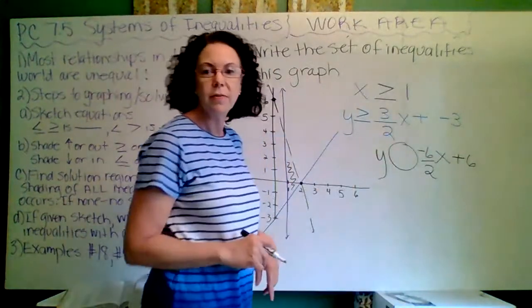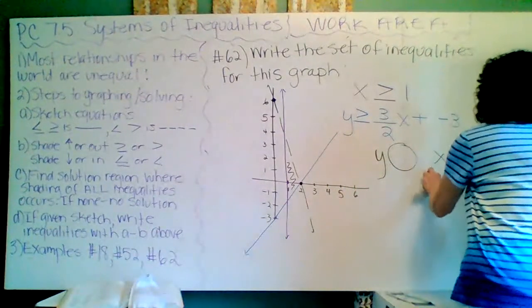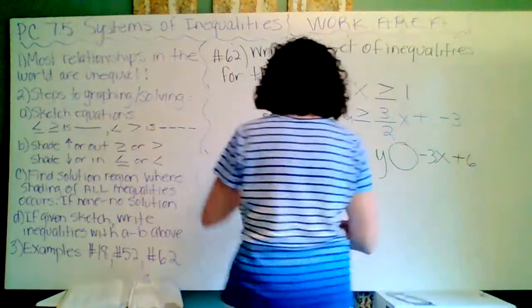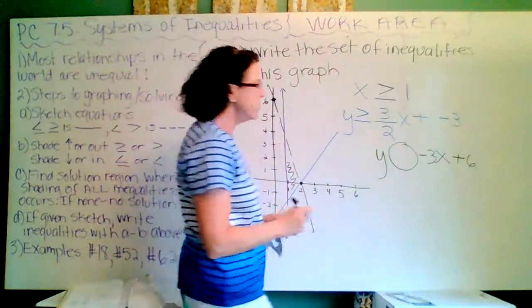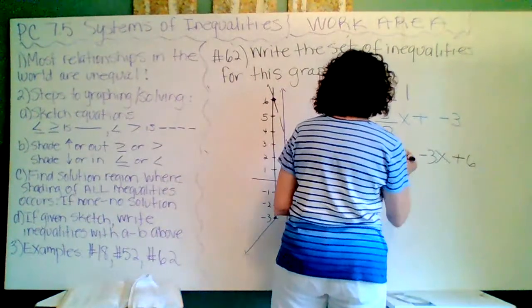So it has a slope of -3. Notice that the shading is below the line. So we will have less than without an equal to.